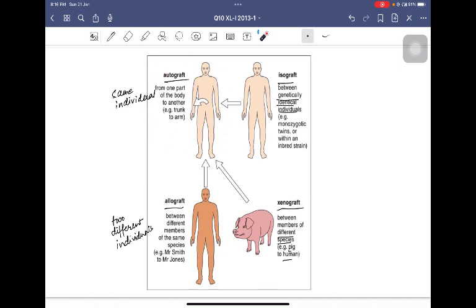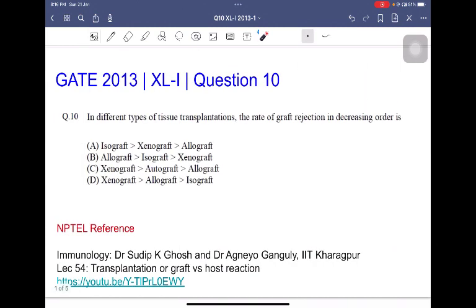So in case of autograft, the chance of graft rejection is minimal, or the lowest, right? So in the decreasing order of graft rejection rate, the least chance of graft rejection will be in case of autograft.